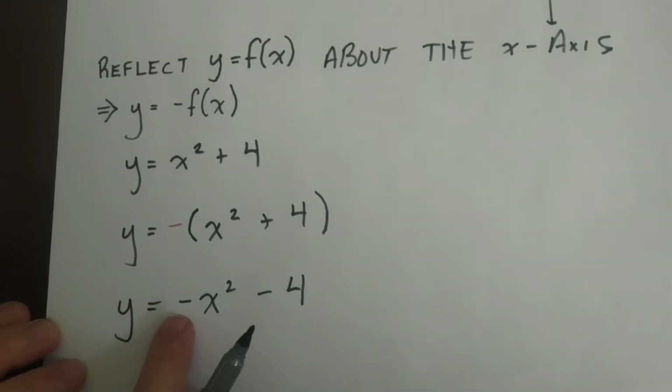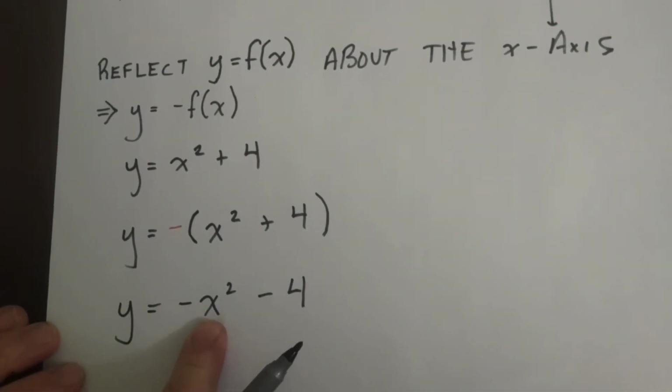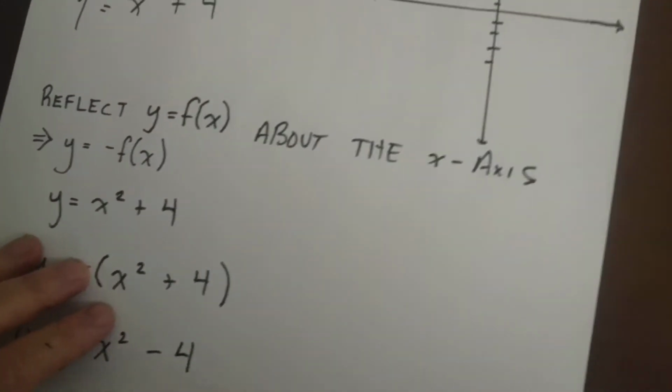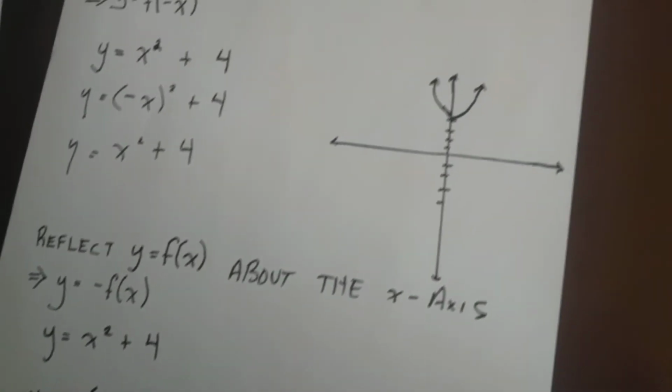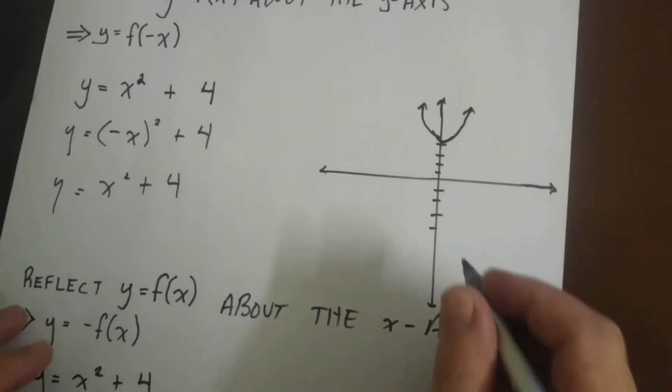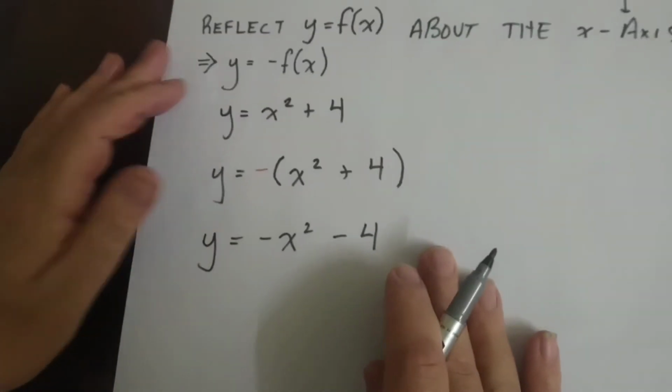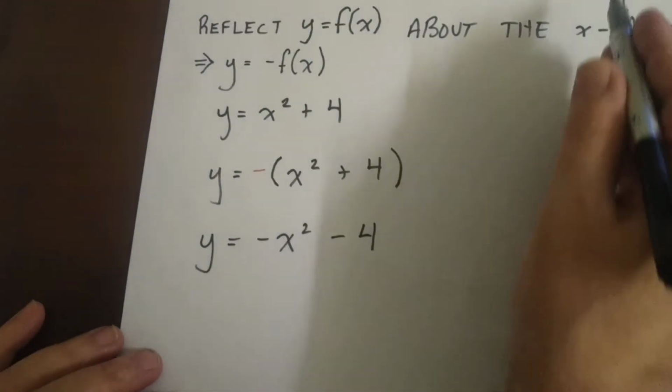Basically, if you have a negative with a quadratic term, that's going to invert your parabola, which is here. The parabola is here, and it's going to be inverted, and it's crossing the coordinate grid at negative 4.